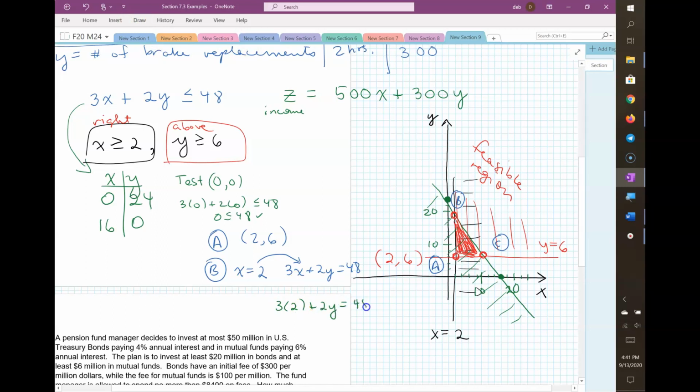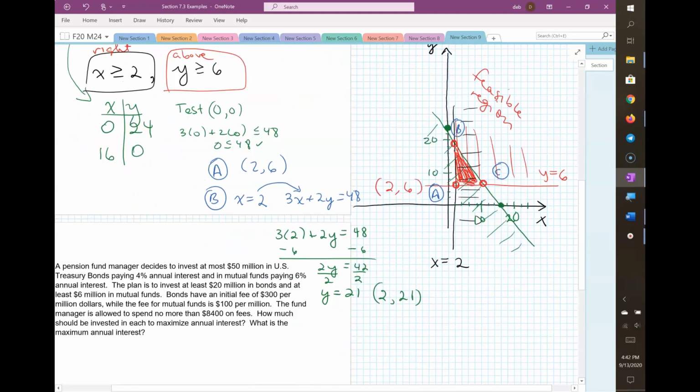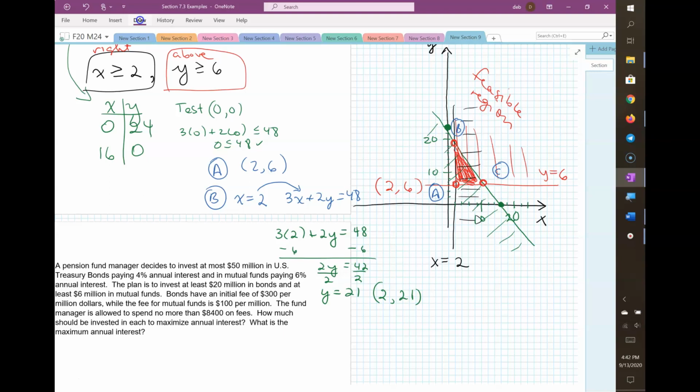To find the point of intersection of two lines, you solve the system of equations. So I have 2y equals 42 and y equals 21. So 2, 21 is my second corner point. And then the third corner point happens when y is 6 intersects with 3x plus 2y equals 48.